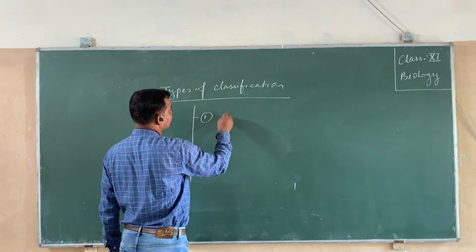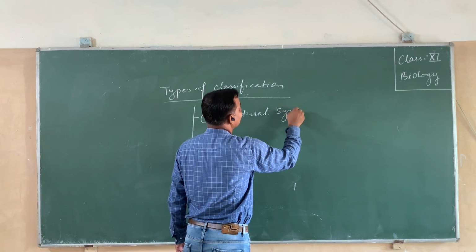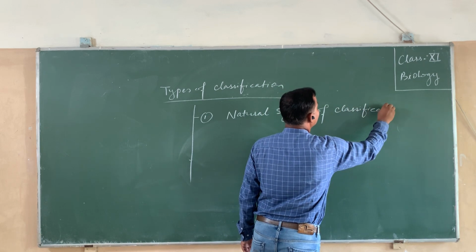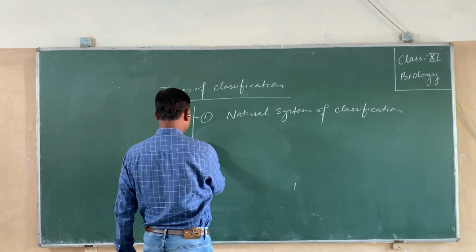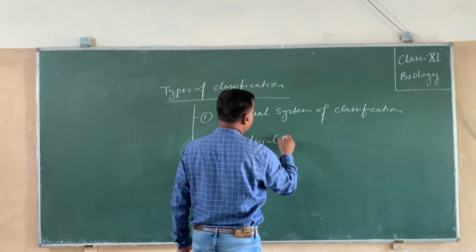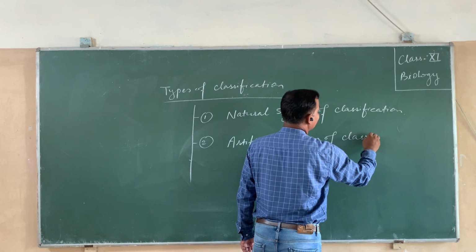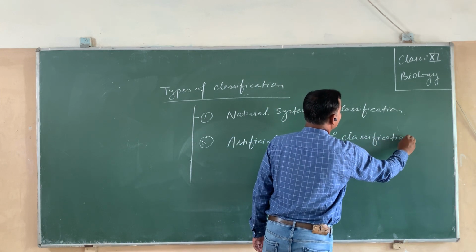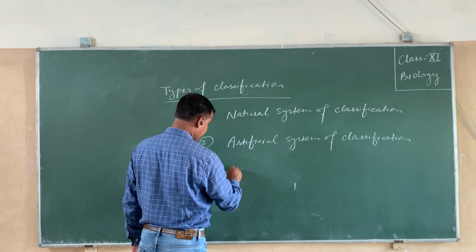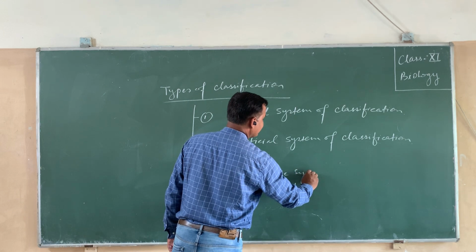One is called natural system of classification, second one is called artificial system of classification, and last, the most important one, is called phylogenetic system of classification.